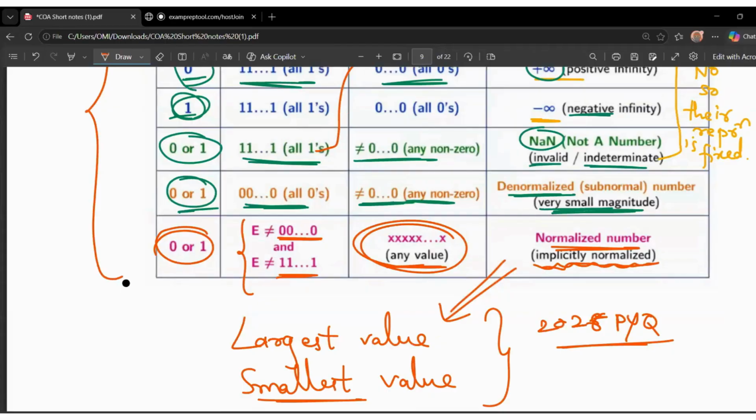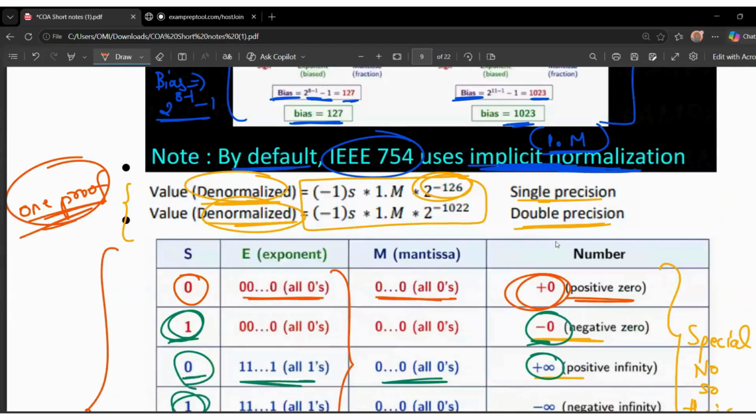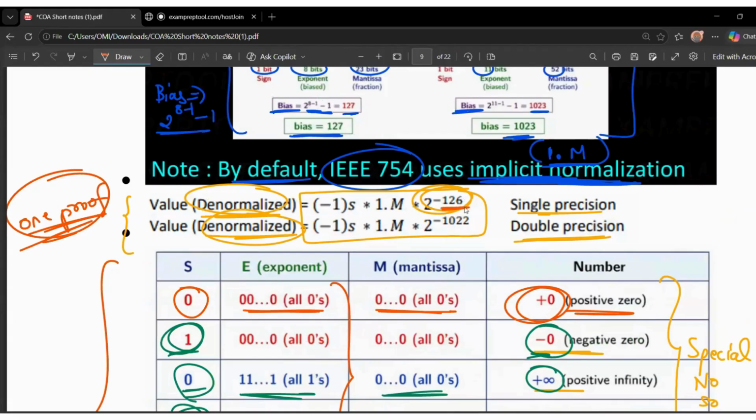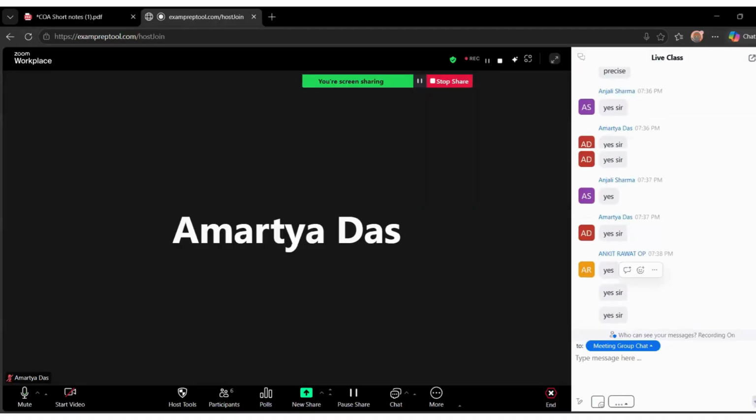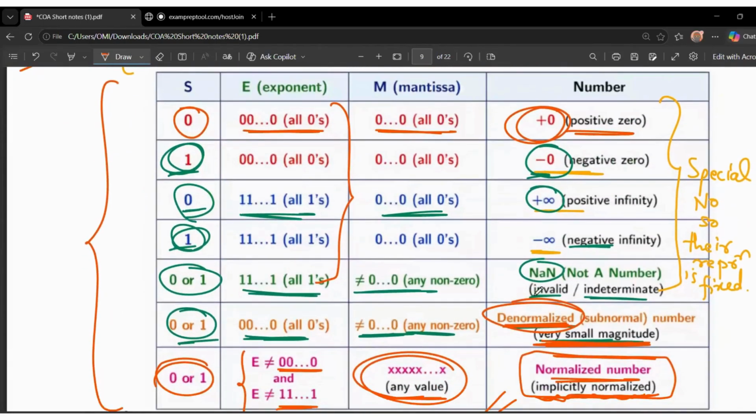We have seen why the denormalized number is needed: the normalized number can store only till minus 126. In double precision, minus 1022; beyond that it won't store. So that's why the denormalized number comes, used for very small magnitude. Got it, this table? This table is very important.